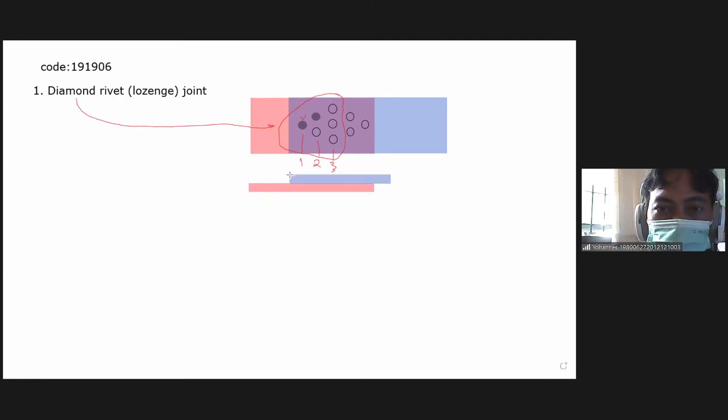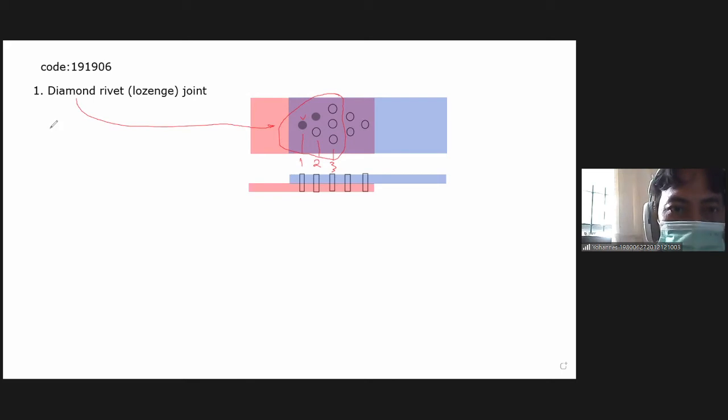So if we see the front view of this joint, it seems like this. Then it has holes in this area, in this area. Okay. So let's go back to the topic.